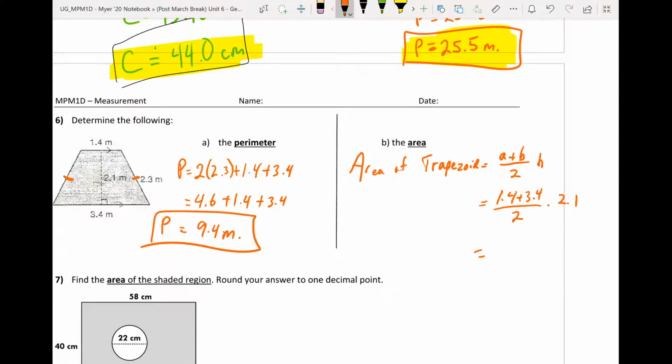So we get 4.8 divided by 2 times 2.1. And so that's 2.4 times 2.1. And since I don't like doing decimals in my head, I'm going to do this on my calculator. 5.04. Or let's just round to one decimal place, 5.0. And it's meters squared.